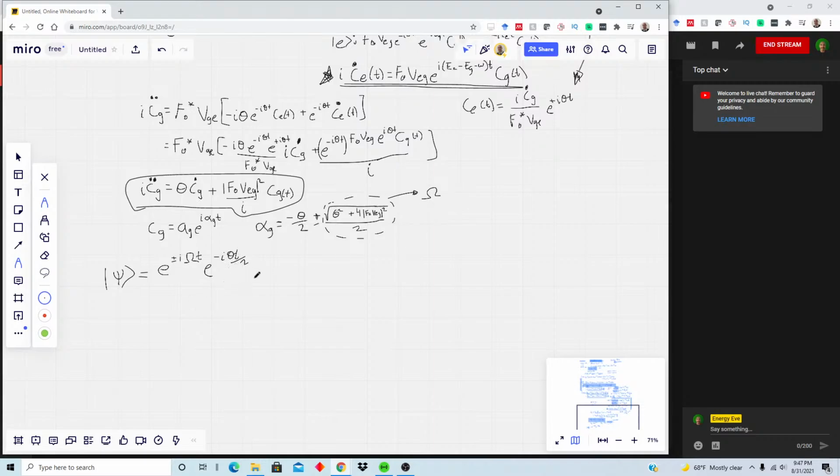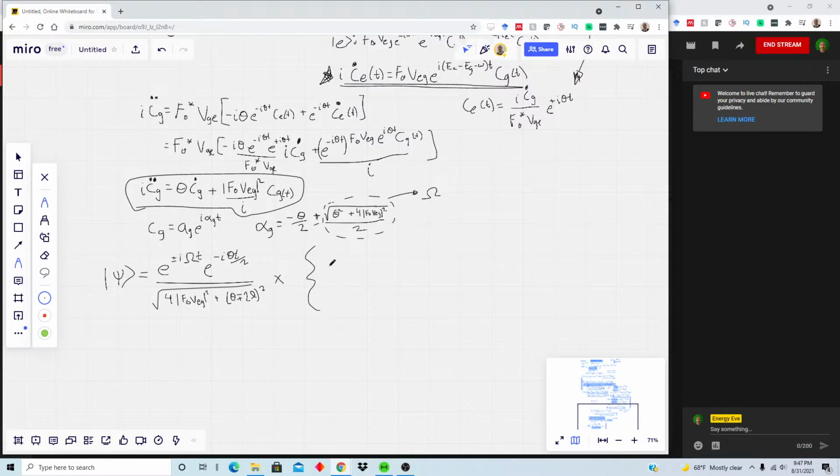And then we have this part out, this is divided by the square root of 4. And then we have this term. This is just a constant in front of everything.